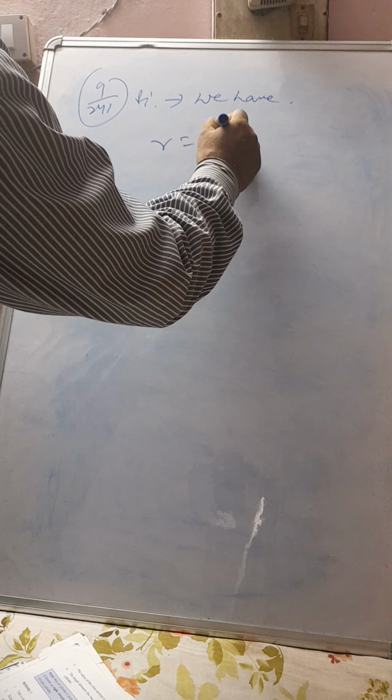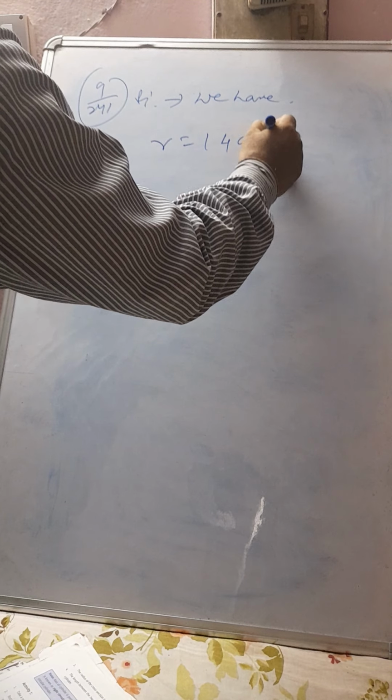We have radius R is equal to 14 decimeter. We have to convert the given decimeter in terms of meter.